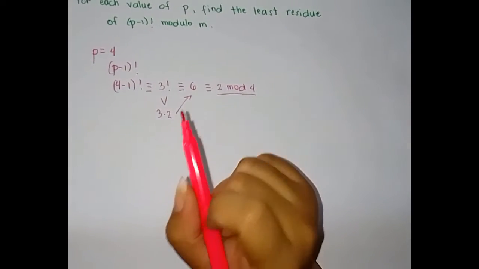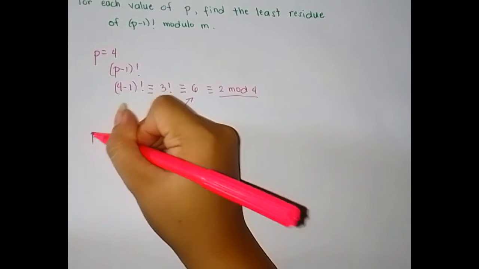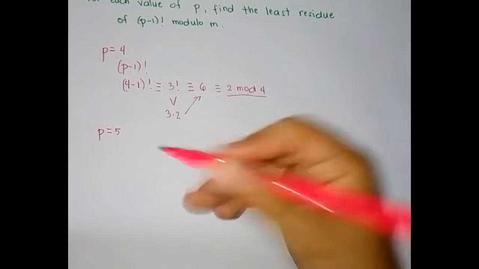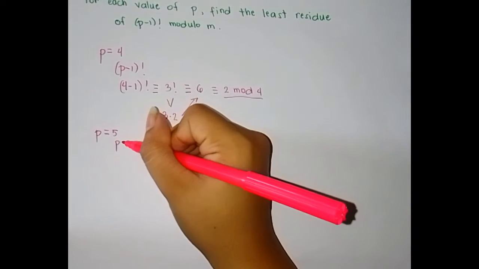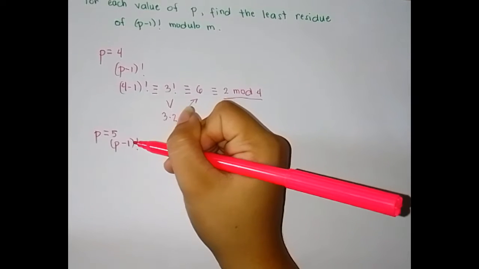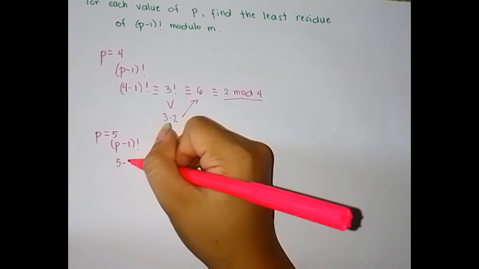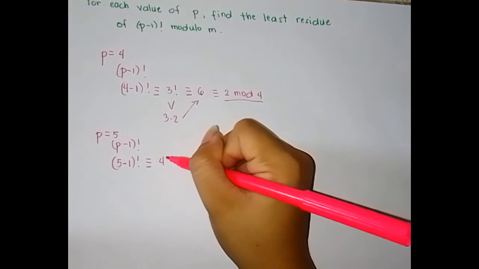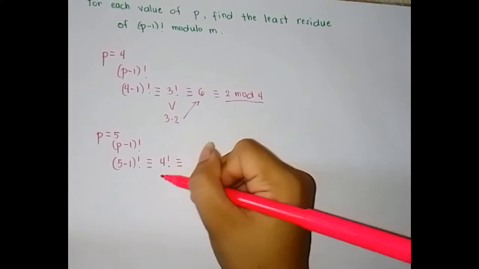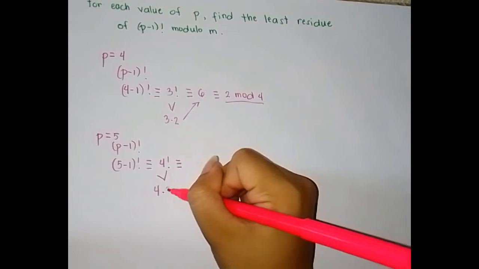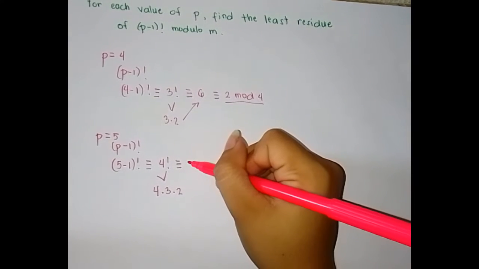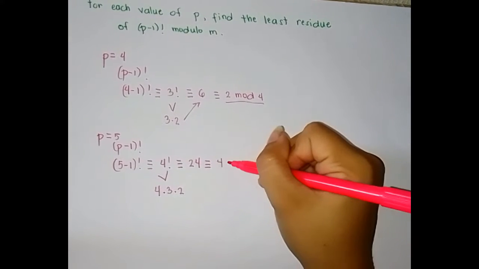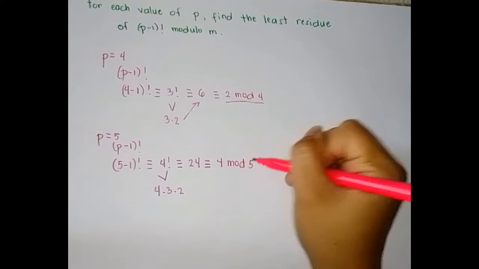That's it. Another example, for example, p is equal to 5. So we will substitute 5 for p. We have (5 minus 1)!, that is equivalent to 4 factorial. 4 factorial, 4 times 3 times 2, is equal to 24, which is equivalent to 4 mod 5.